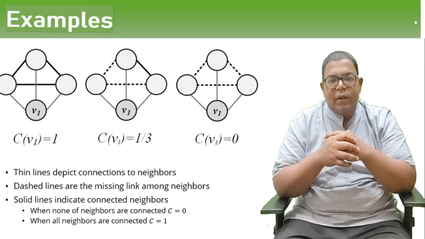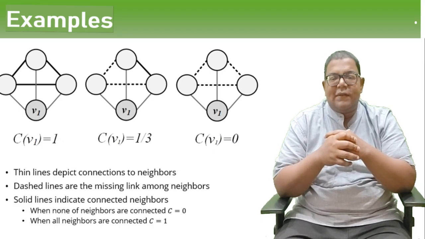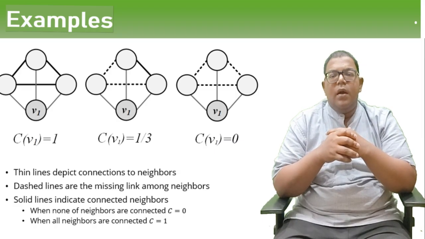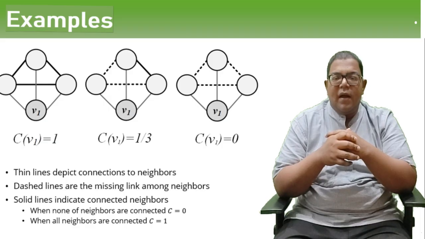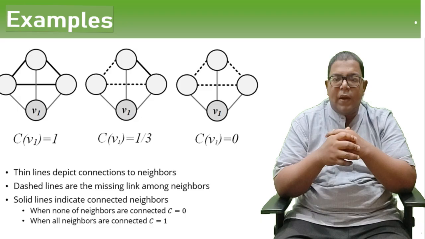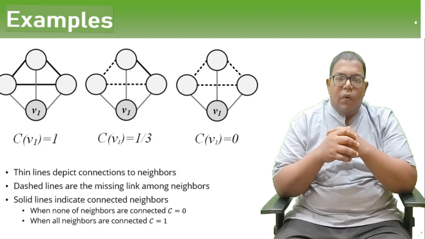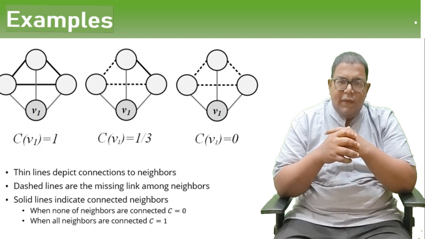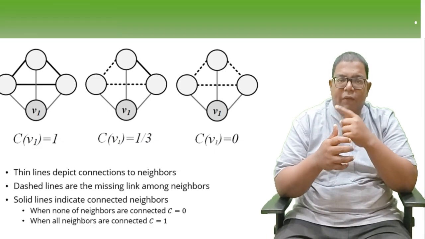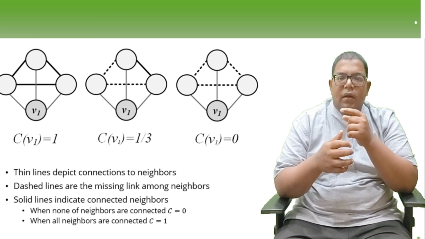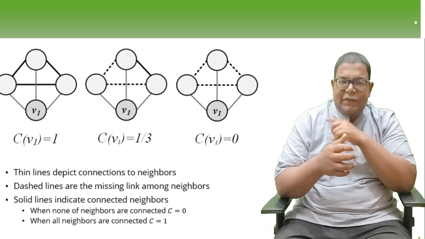So let us discuss the example shown on the slide. We have three graphs here and we are trying to find out the local clustering coefficient of V1 in all these three graphs. So C of V1 is 1 here in the first graph.